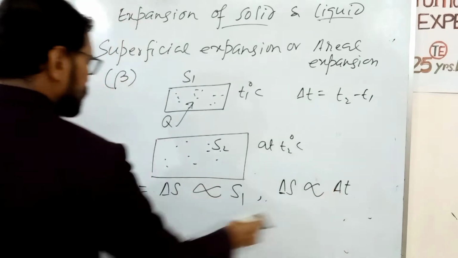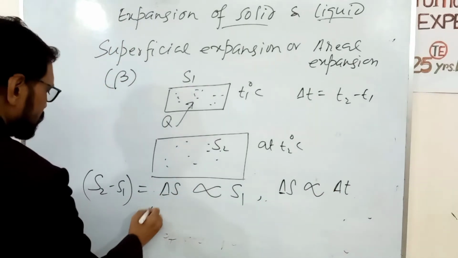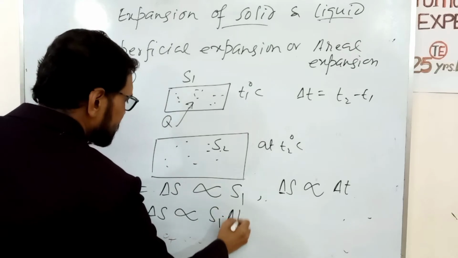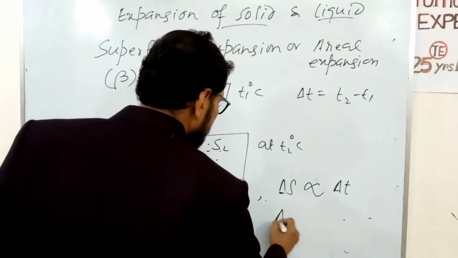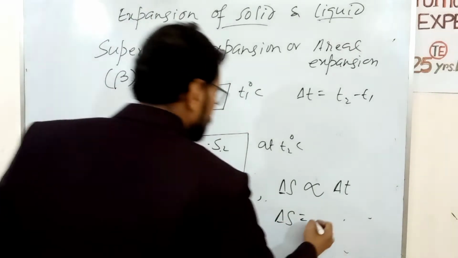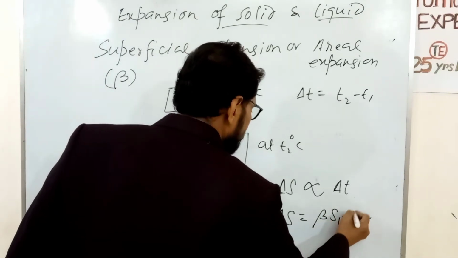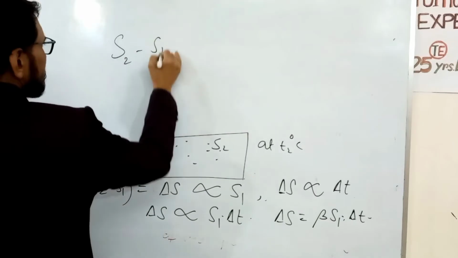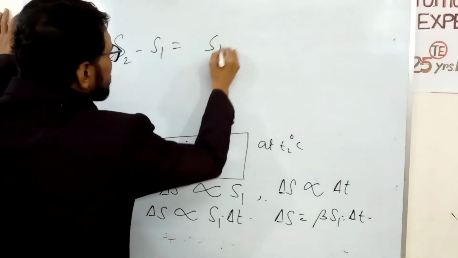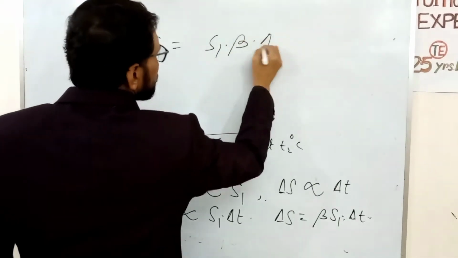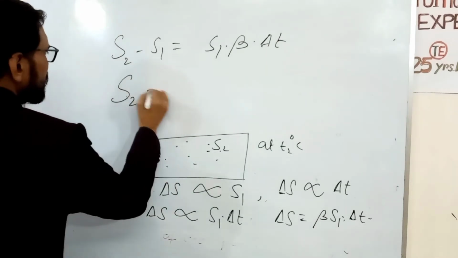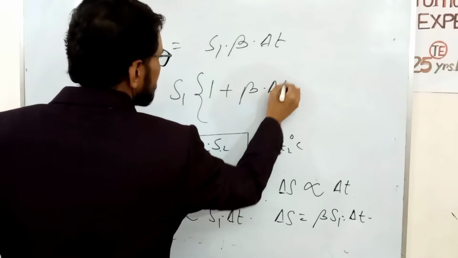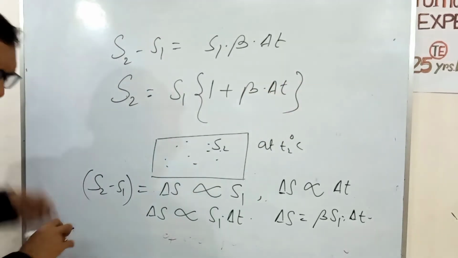If we combine, del S equals beta S1 del T. Now del S equals S2 minus S1 equals S1 beta into del T. So S2 equals S1 into 1 plus beta into del T. So this is the formula.